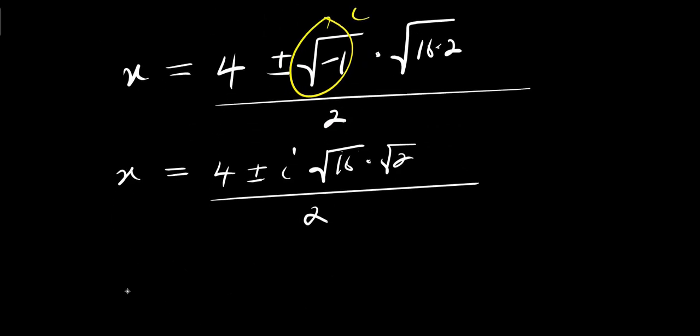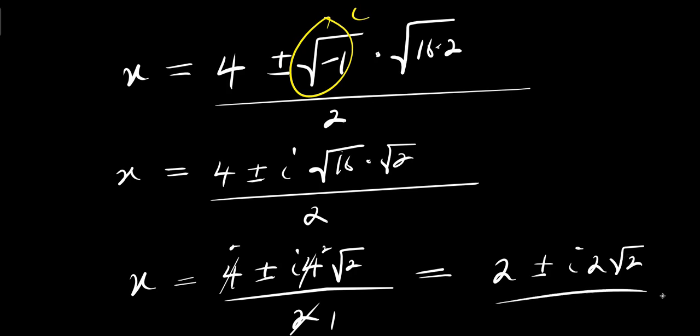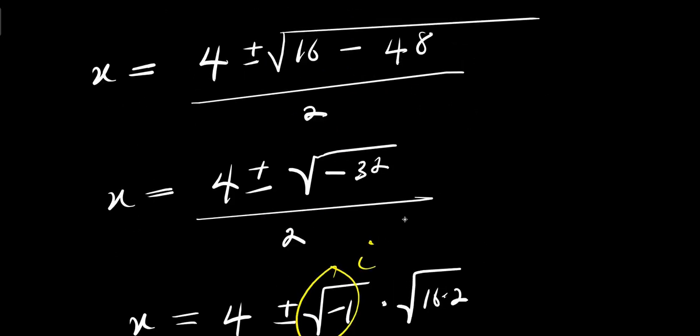Square root of 16 is 4, so we have x equals 4 plus or minus i times 4 times root 2 divided by 2. This one, 2 and 2. So our solution is 2 plus or minus i times 2 root 2. And these are two complex values, positive and negative. So this is x2 and x3. So we have two complex values for x.